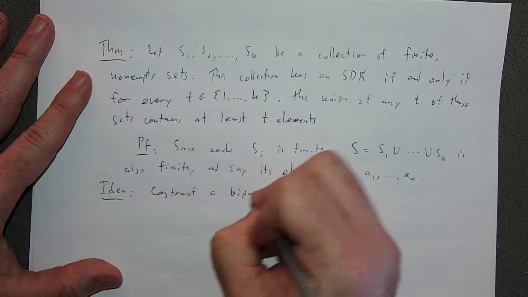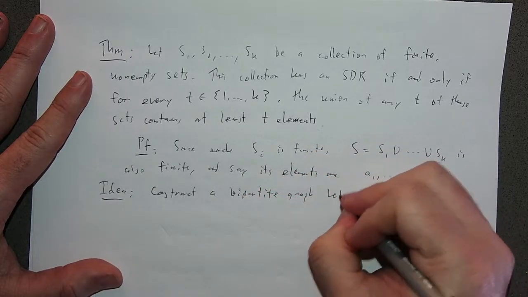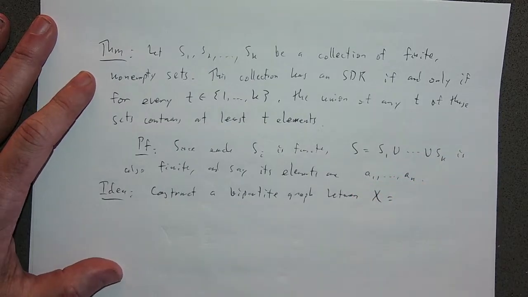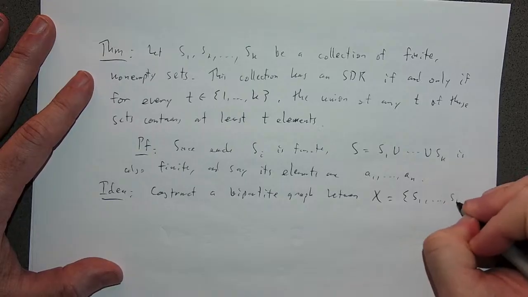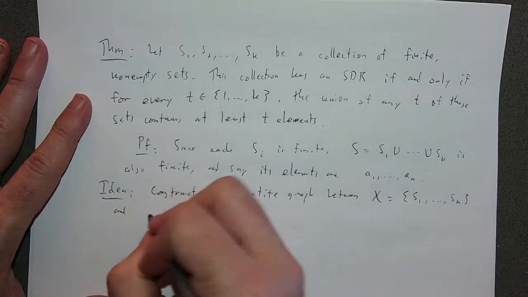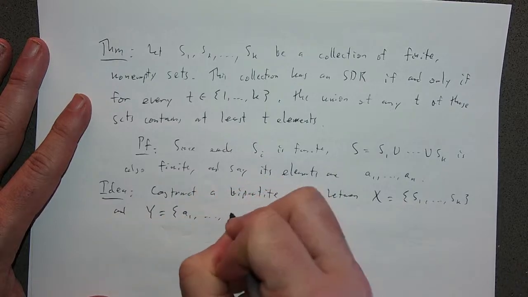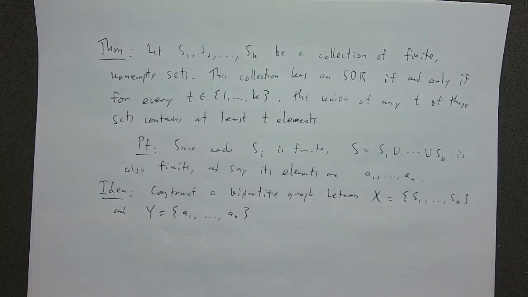a bipartite graph between X, which is the collection of those sets S1 to SK, and Y, which is the elements of the union of all those things that I've labeled A1 to AN.